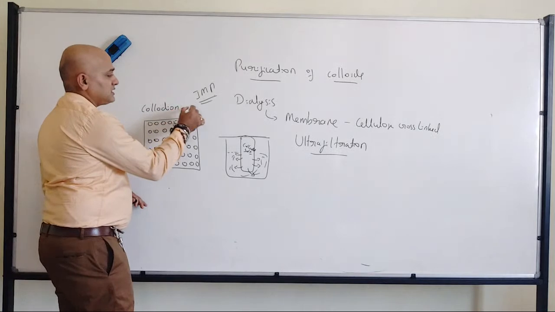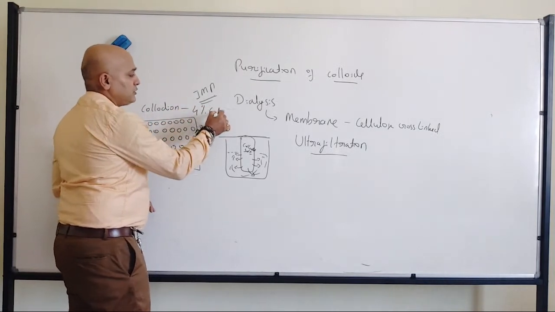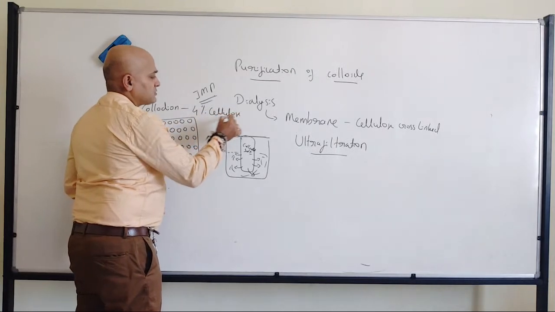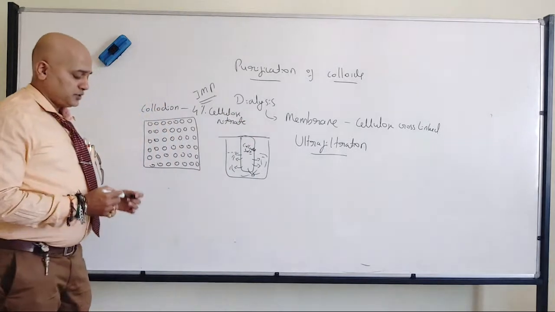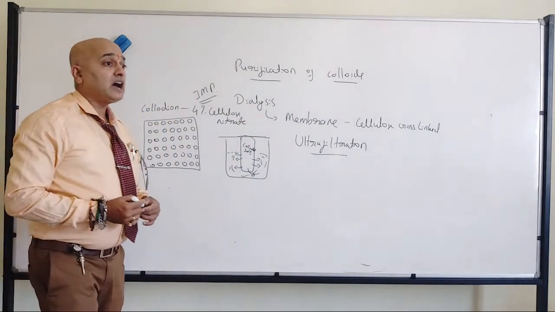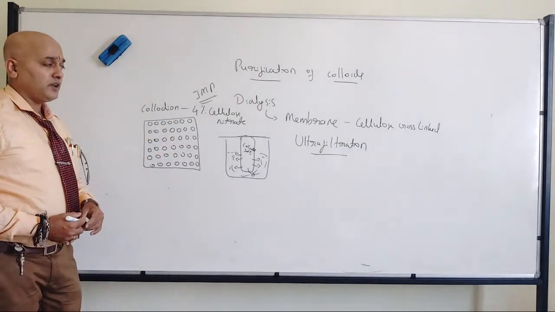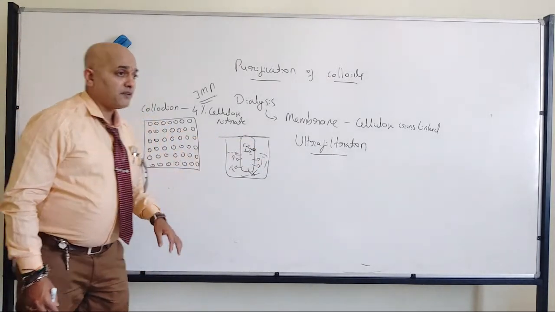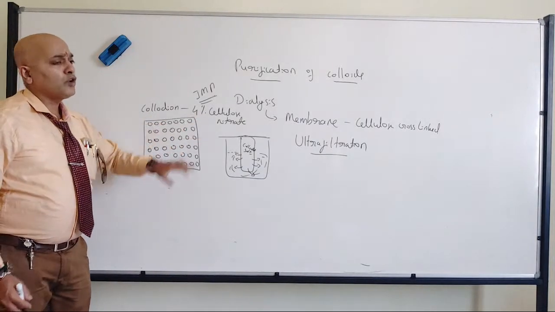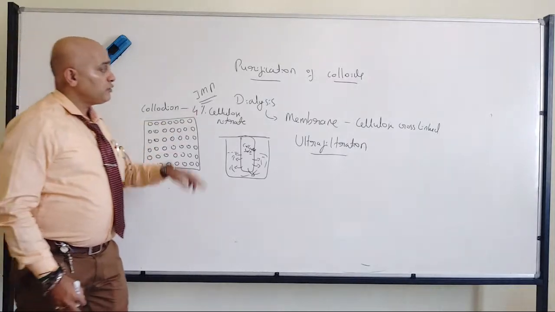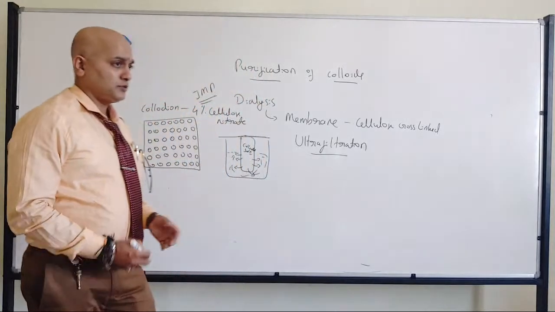Collodion solution is nothing but a 4% nitrocellulose or cellulose nitrate solution taken in alcohol and ether. That's why it is called collodion. So when we go for ultrafiltration, we treat the dialysis membrane with collodion, a 4% solution of nitrocellulose or cellulose nitrate.